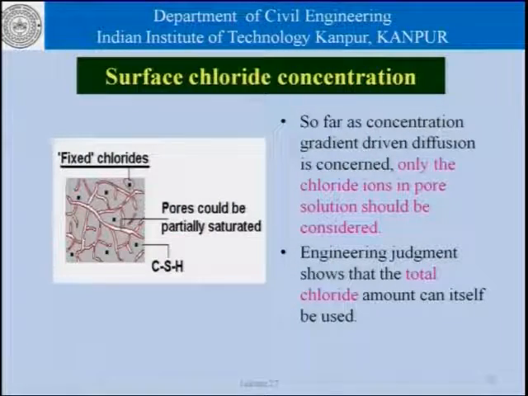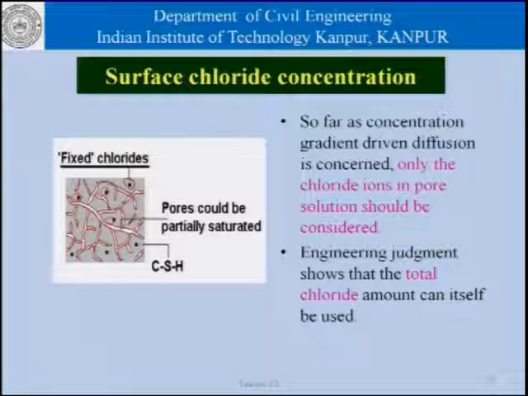The amount of chlorides that we have in concrete is much higher, and therefore, we are forced to assume that a lot of chlorides are actually sitting trapped partially or fully in the hydration products, that is in the CSH gel.